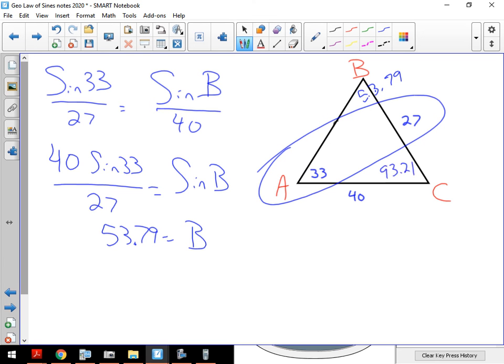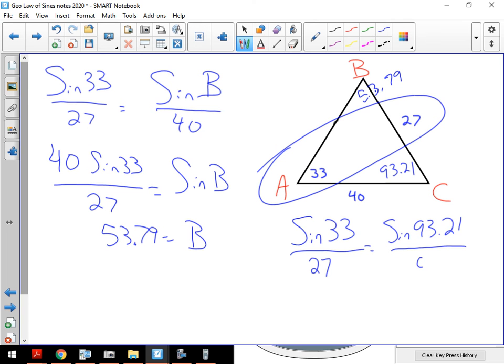So now I reuse it one more time to find the side. And you're back to solving for a side, which we did in the second note. You'll have to do an inverse, and then a multiply over.